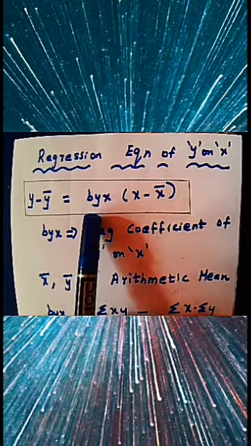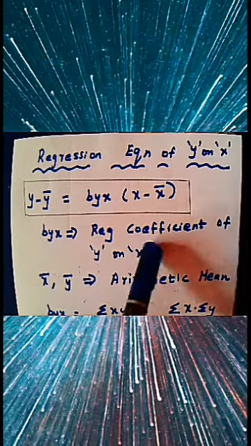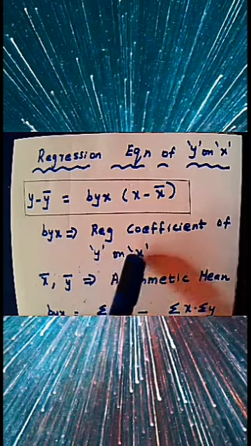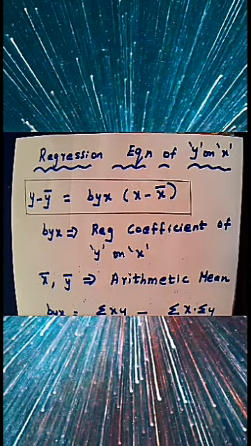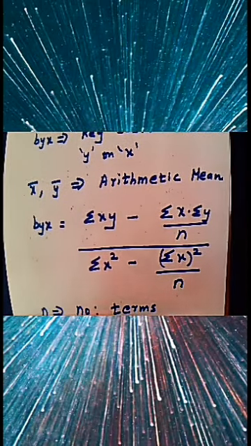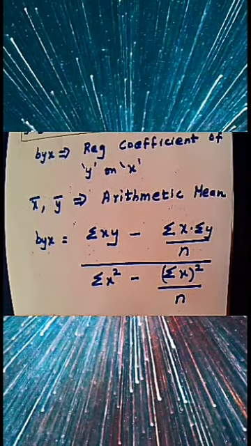What is BYX? BYX is the regression coefficient of Y on X. There is a formula for BYX also. I have written it here, you can just copy it. There are two formulas, students, but you can follow whichever you are convenient with.